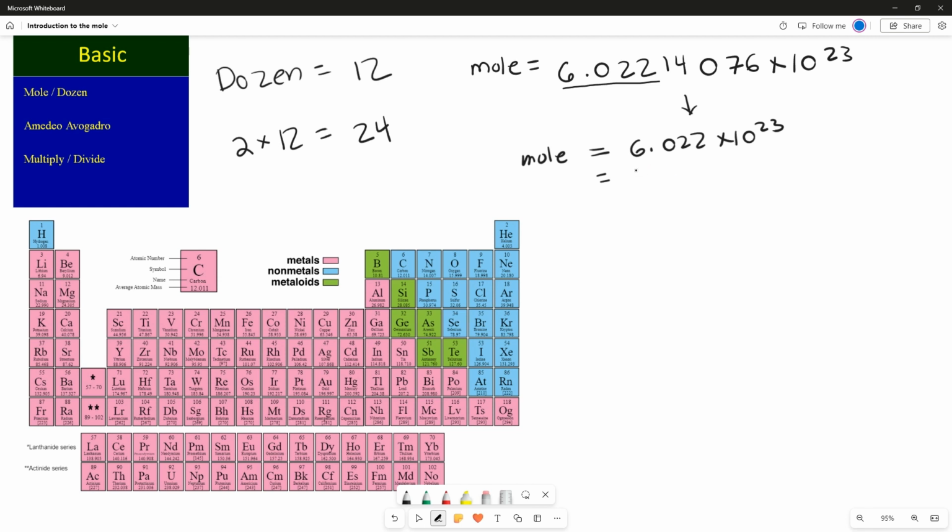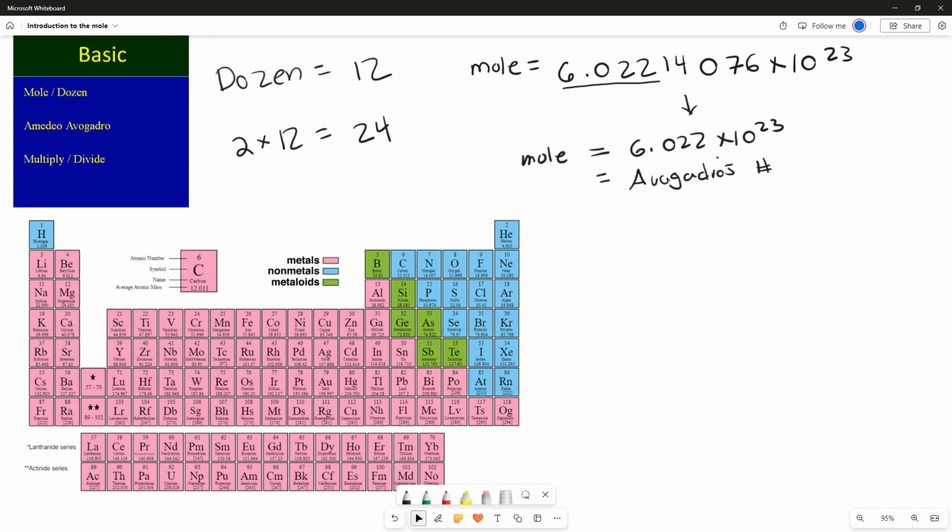And then later, in the 1900s, Robert Millikan finalized this number by taking a Faraday and dividing it by the charge of an electron, and he came up with 6.022 times 10 to the 23rd. So when you see these three terms, either mole, 6.022 times 10 to the 23rd, or Avogadro's number, they all mean the same thing.